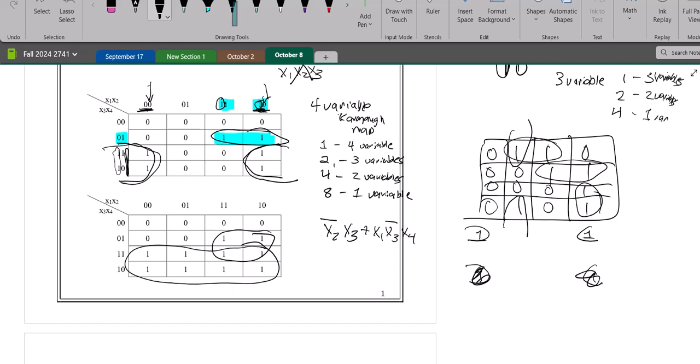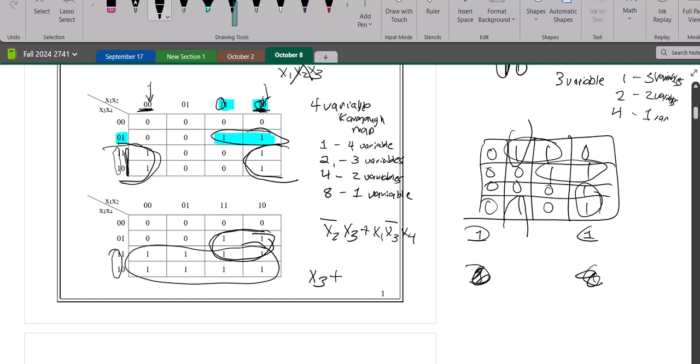So when I get this big circle right here on the bottom 2 rows, what they have in common is only x3 equal to 1. So that's x3, because in those 8 squares, x4 is both 1 and 0, x1 is both 1 and 0, and x2 is both 1 and 0. So that big group right there is just x3.